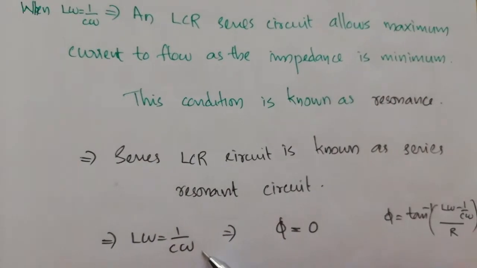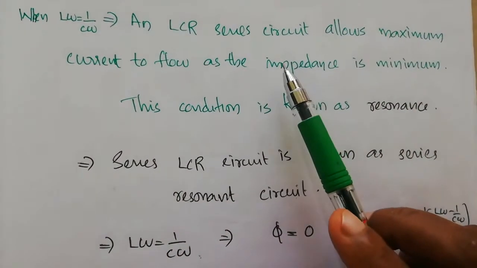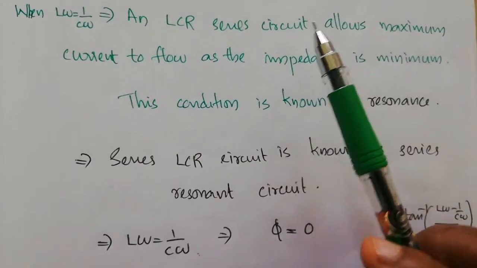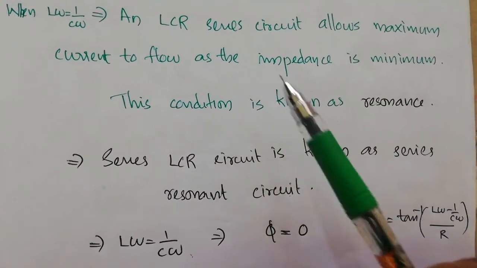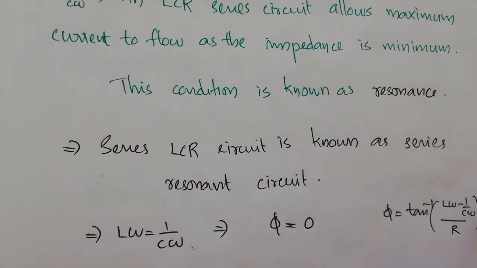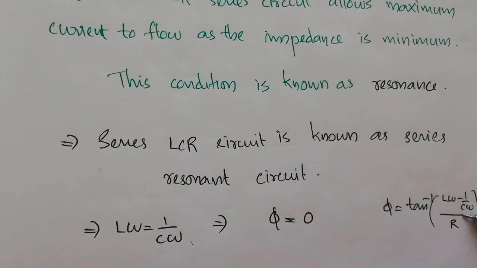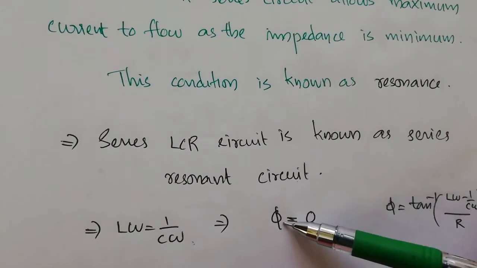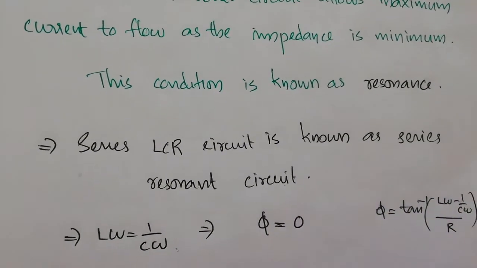At that condition, it allows the maximum current to flow as the impedance is minimum. From this equation we know L omega minus 1 by C omega is equal to 0, which implies phi is also equal to 0.